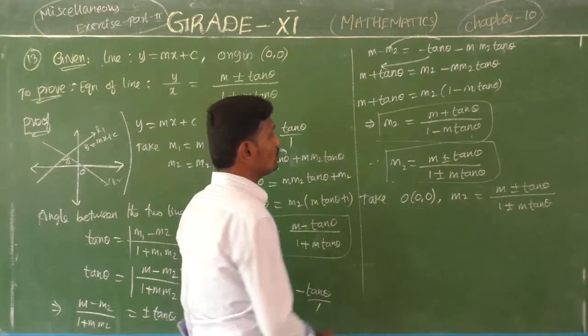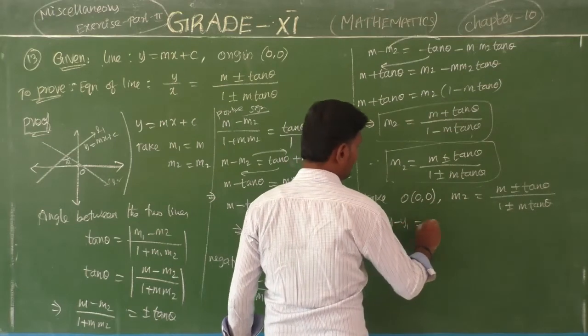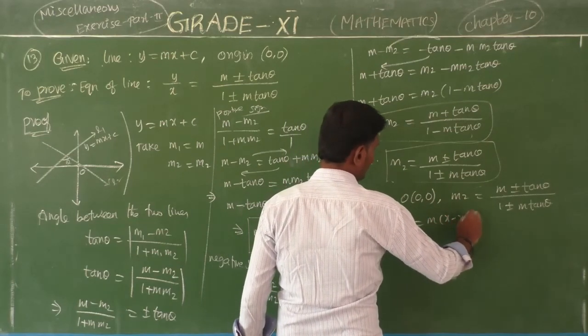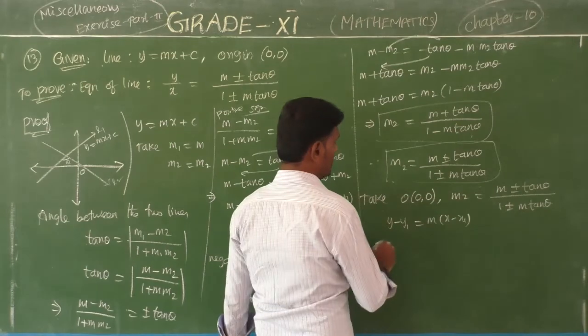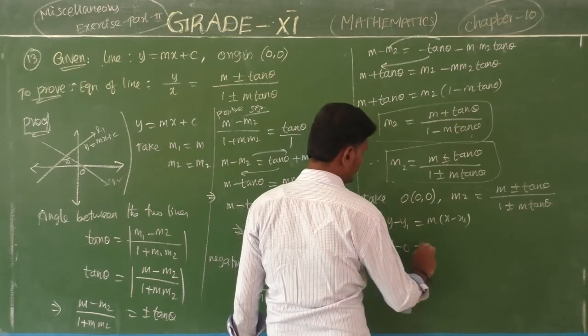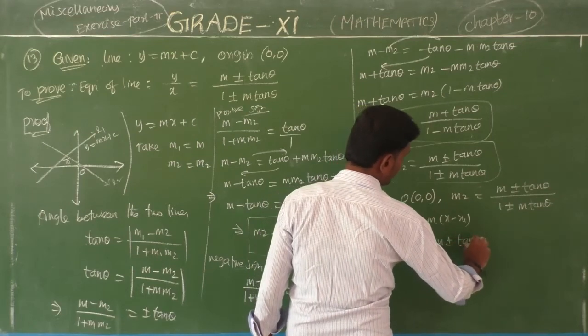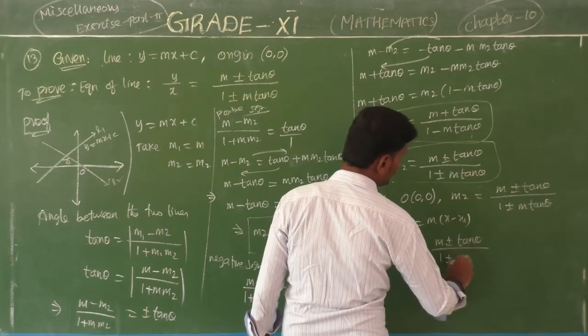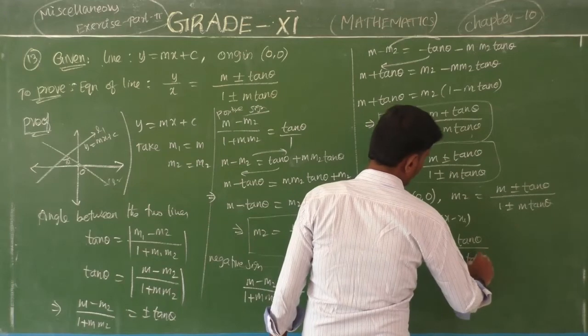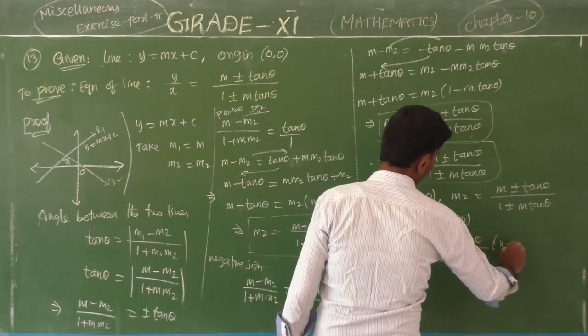Now use the formula y minus y1 equals m into x minus x1. Now y minus 0 equals m, where the value of m is m plus or minus tan theta, the whole divided by 1 plus or minus m tan theta, into x minus 0.